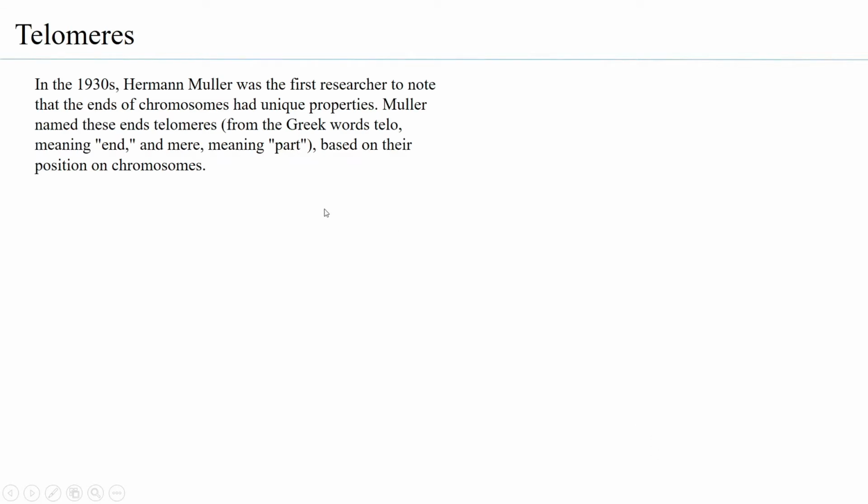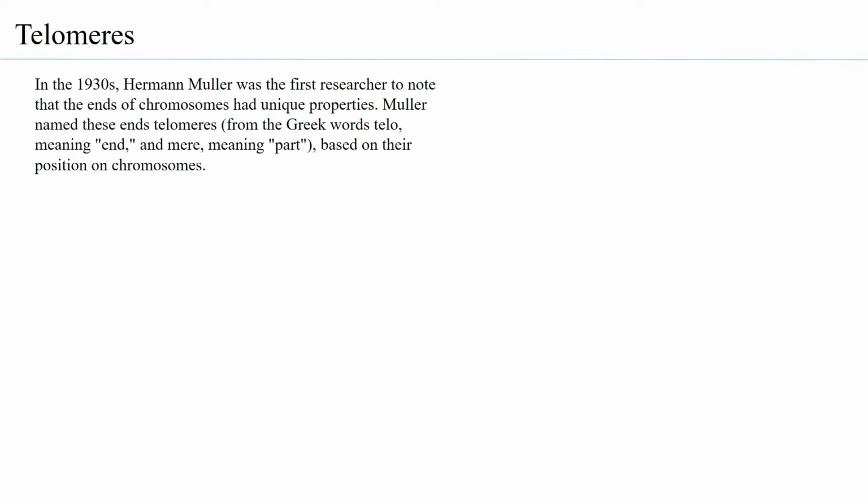So the first time that the telomeres were discovered was by a scientist called Hermann Muller, who was experimenting with X-ray based mutagenesis, and he found that the ends of the chromosomes have unique properties, and he named these ends as telomeres.